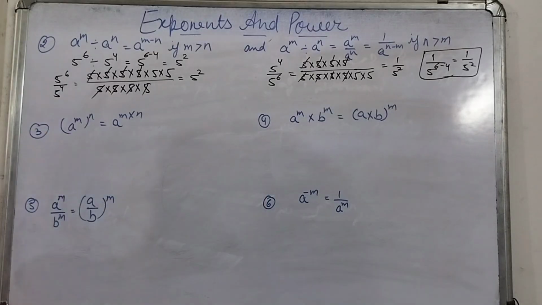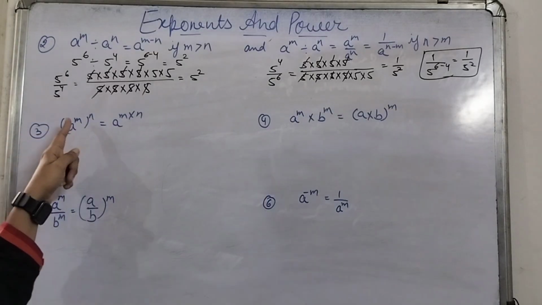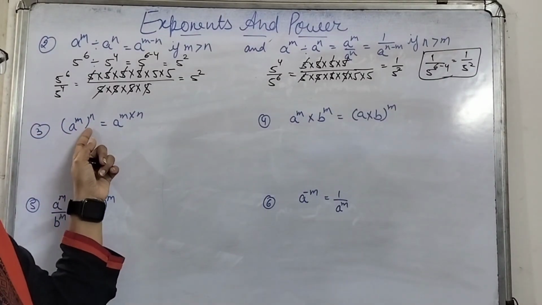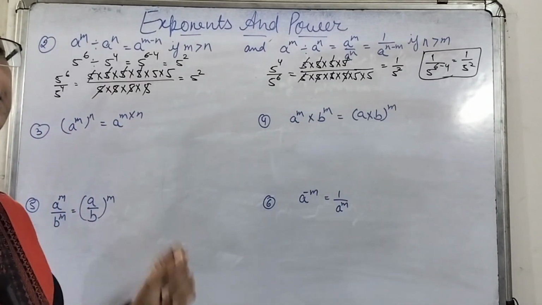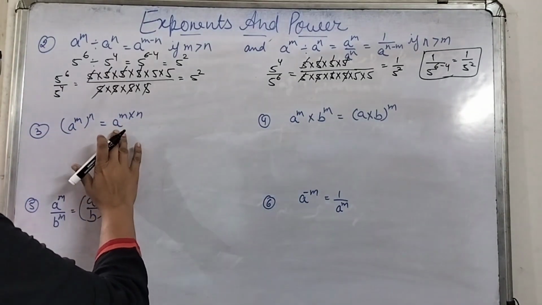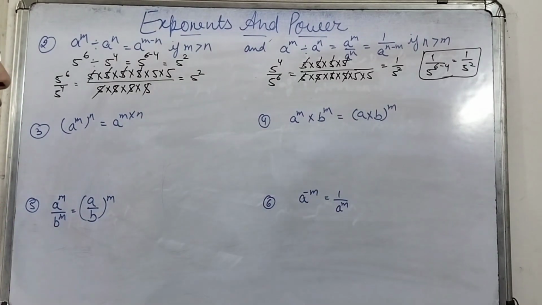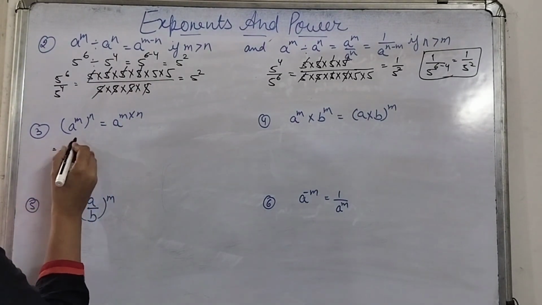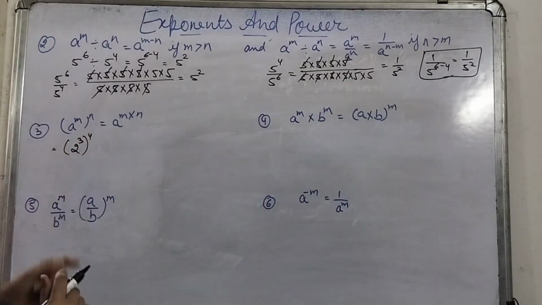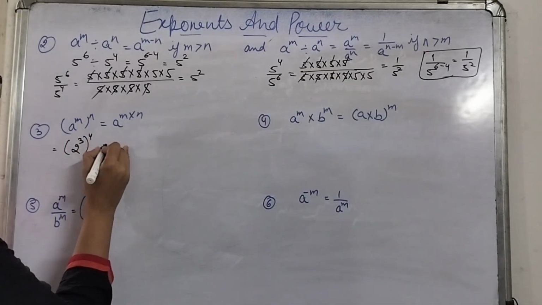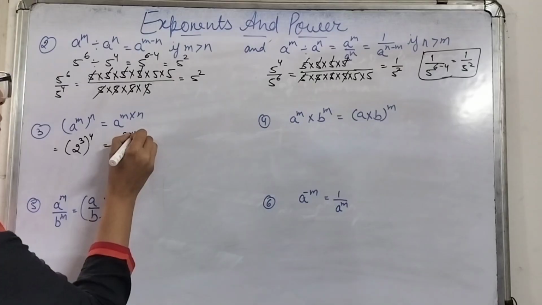Now let's see the third law of exponent, that is a raised to the power m whole raised to the power n is there, then its value will be a raised to the power m multiplied by n. It could be written as a raised to the power m multiplied by n. Suppose I am going to say it is your 2 raised to the power 3 whole raised to the power 4 it is. So this will be written as 2 raised to the power 3 multiplied by 4.